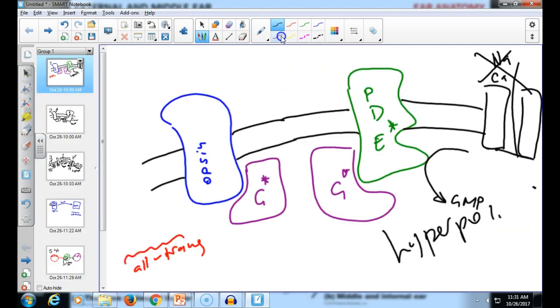Photoreceptor cell is... when there is light. It is hyperpolarized. Does it make sense? Light essentially leads to the destruction of cyclic GMP, closure of the channels, no positive ion influx into the cell, and hyperpolarization of the photoreceptor cell.